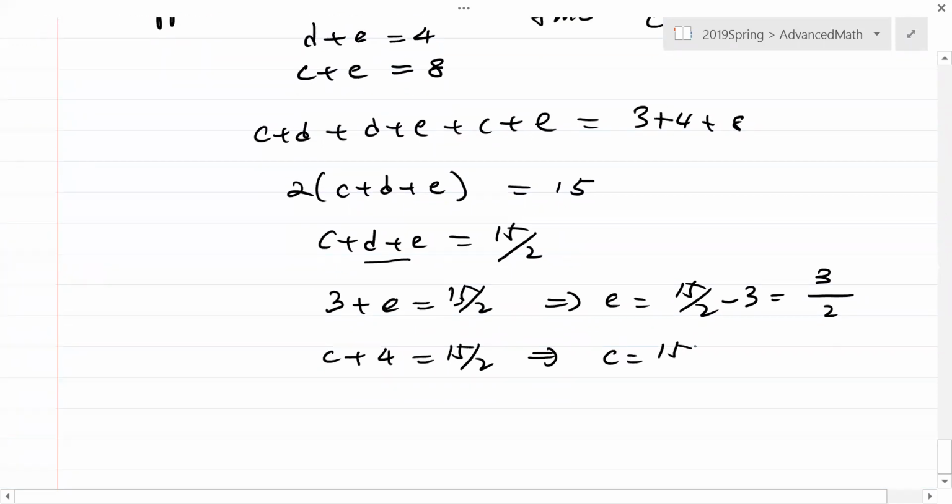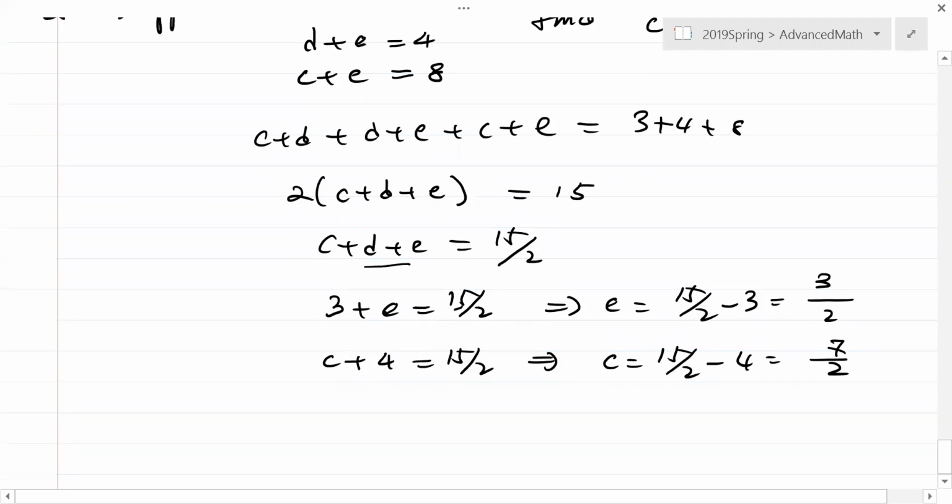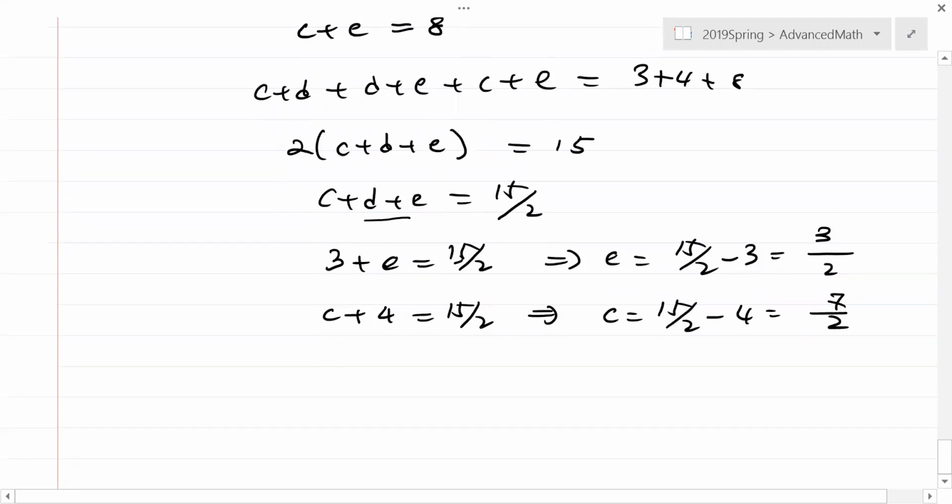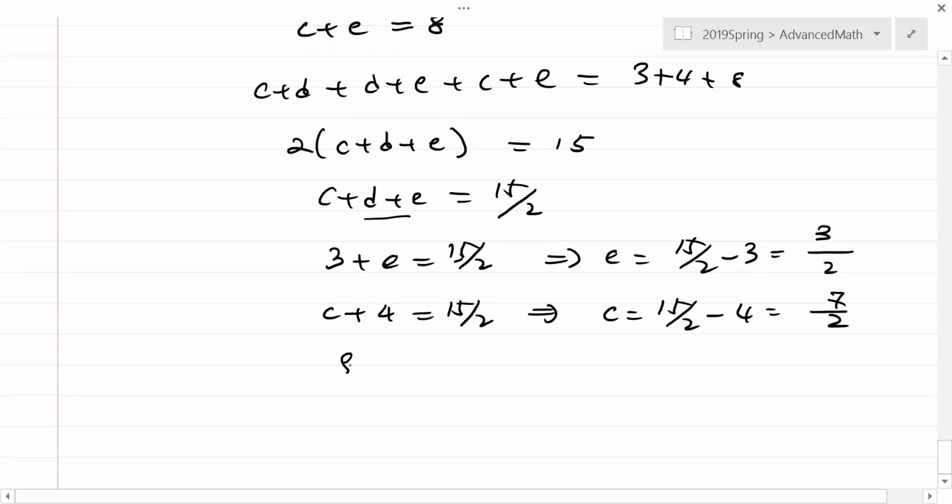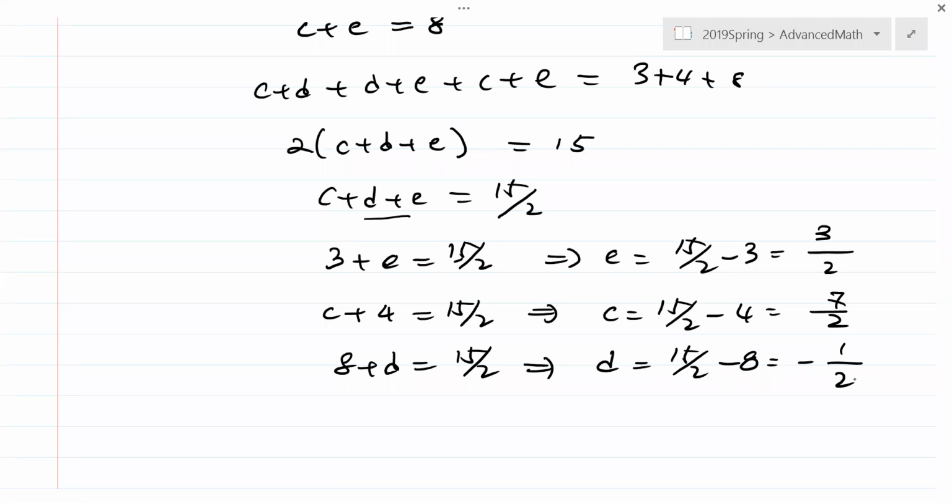Then C is going to be 15 over 2 minus 4, which is 7 over 2. Then the last one, C plus E is 8, and 15 over 2 minus 8 gives you D, and that is going to be -1/2. Okay. So you get the individual values, just multiply them out.